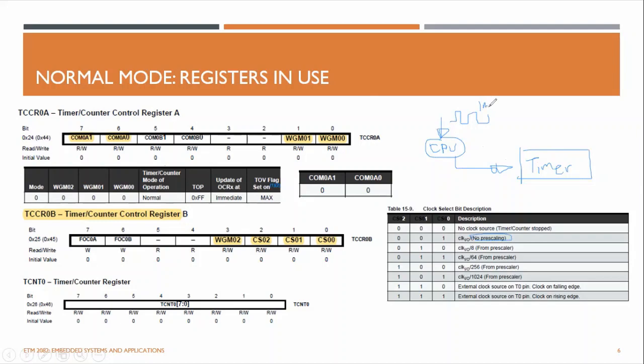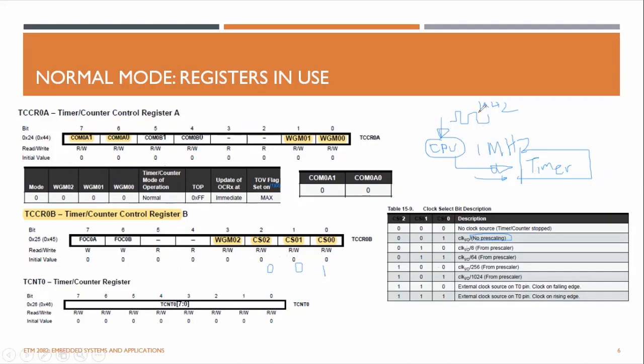If it is 1 megahertz, 1 megahertz will be passed to your timer. So you have to set 0, 0, 1 if you want to use the same CPU clock frequency for your timer.